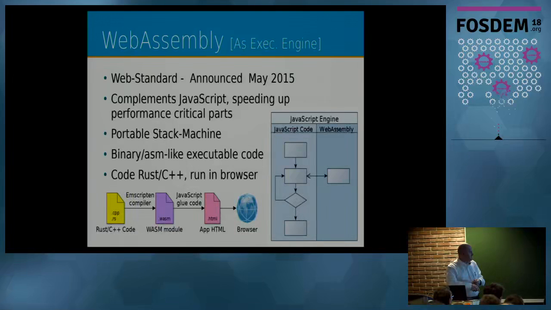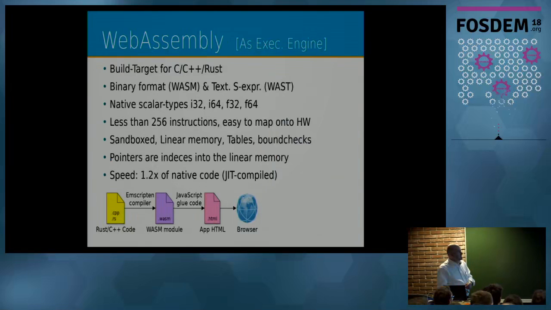There are good compilers. I can do my compilation in a high-level language, compile it to WebAssembly, and execute it in a small, lightweight stack machine. For C++ and Rust, WebAssembly is a build target. We've got the binary format, and the text representation, whose expressions are called WAST.